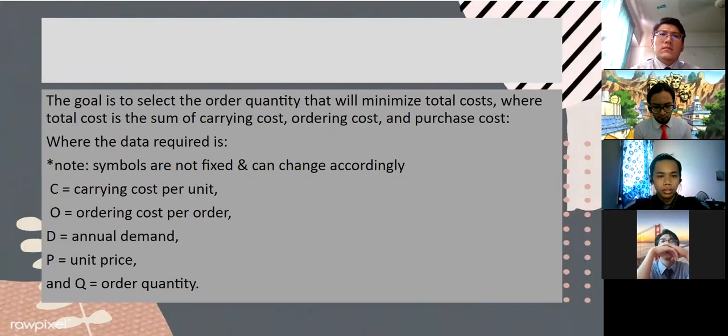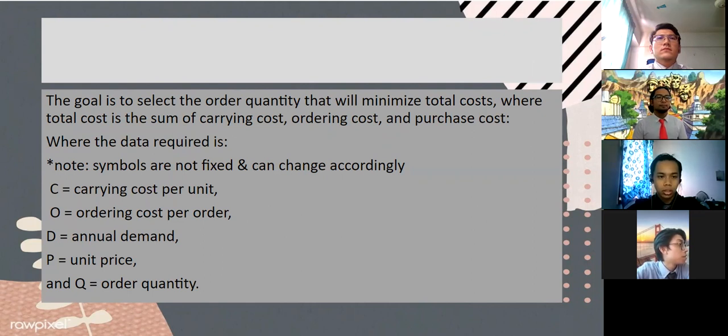So the goal of this quantity discount model is to select the order quantity that will minimize total cost, where total cost is the sum of carrying cost, ordering cost, and purchase cost.